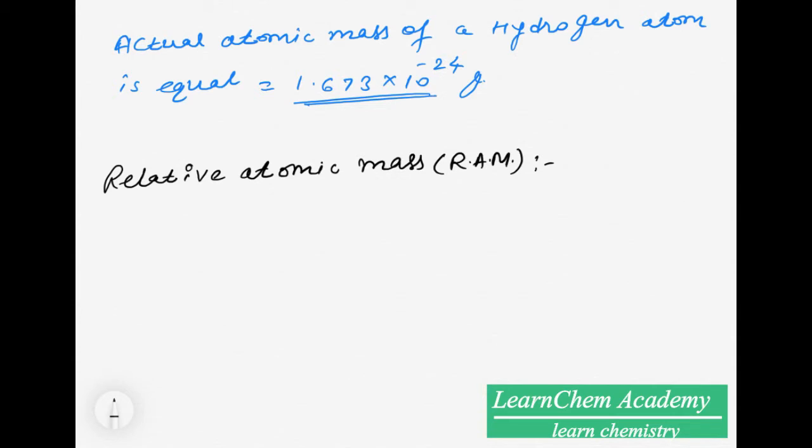Its name denotes that it relates to someone's mass, meaning we use a reference, and based on that reference we can compare the mass of all the elements.